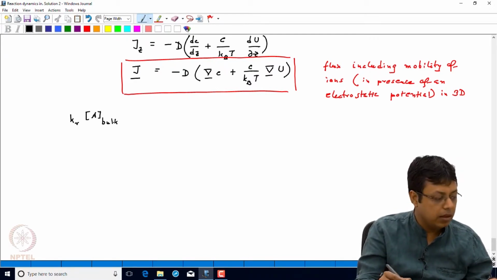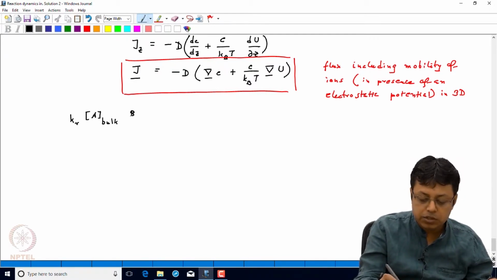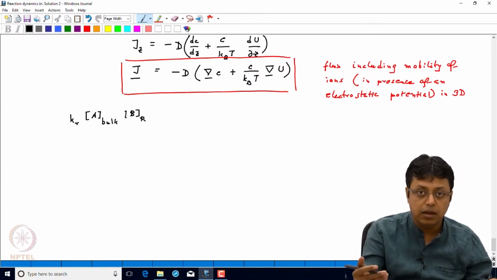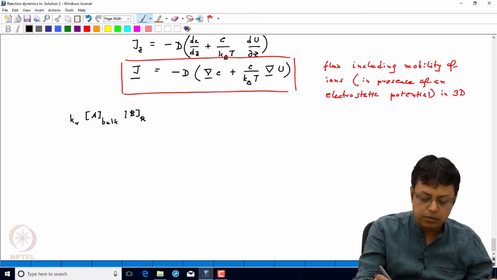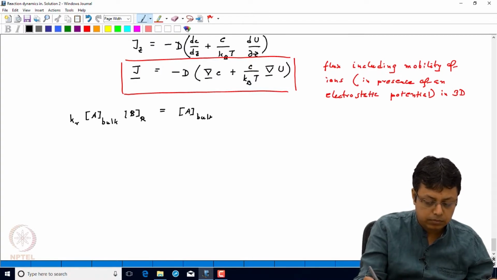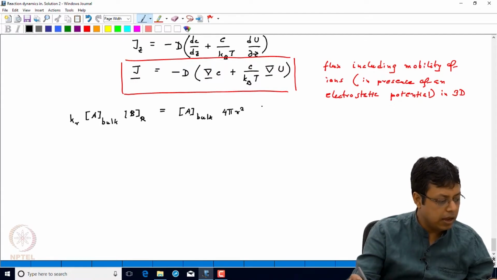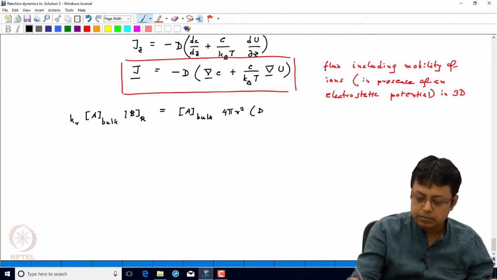concentration of A, times the concentration of B at a position R, which is the position where the reaction is occurring, and which is equal to A bulk times 4 pi r square times dA plus dB.